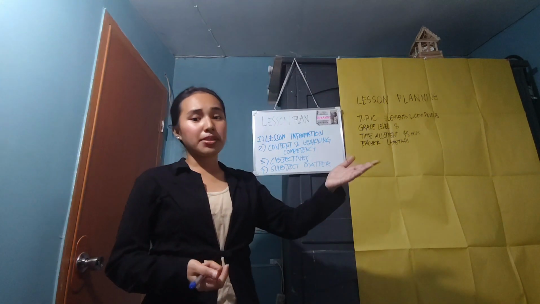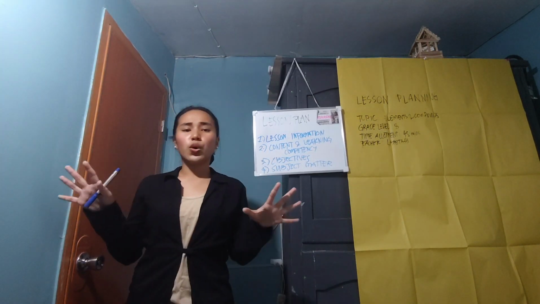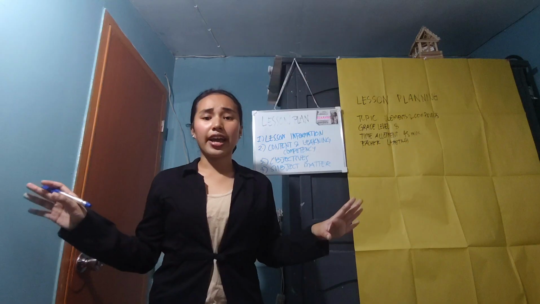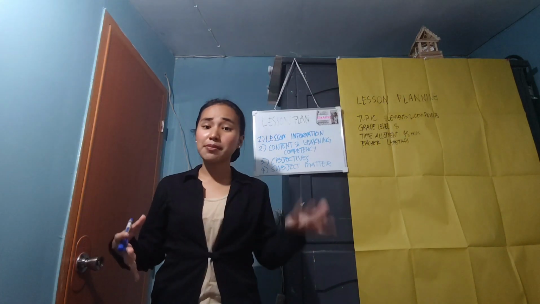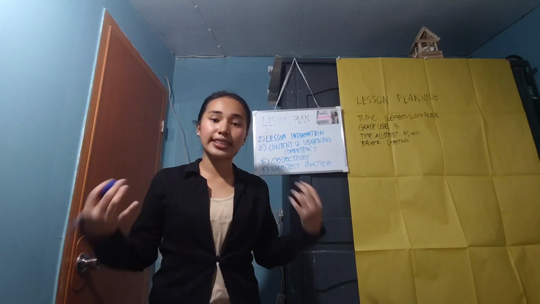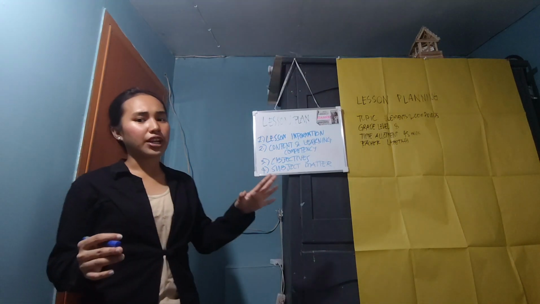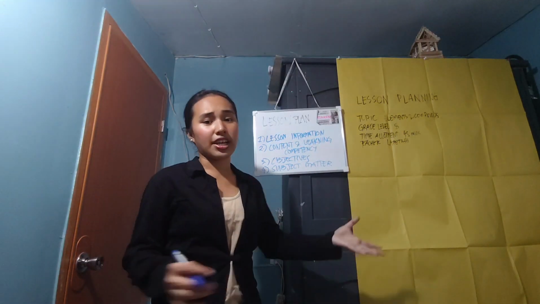Examples of elements include oxygen, hydrogen, and gold. On the other hand, a compound is a substance that is formed when two elements are chemically combined. For example, we have water, carbon dioxide, and salt.